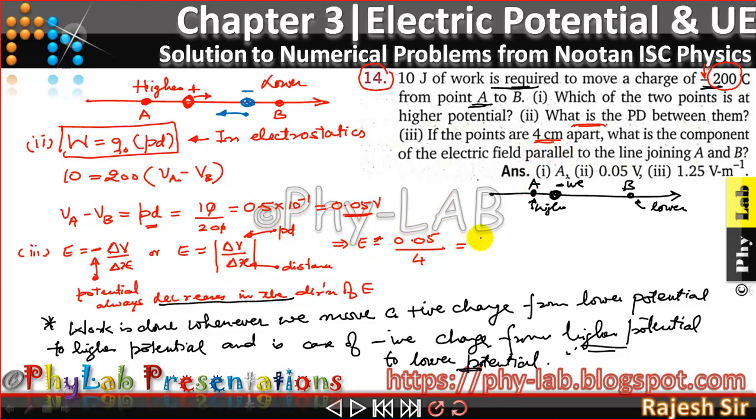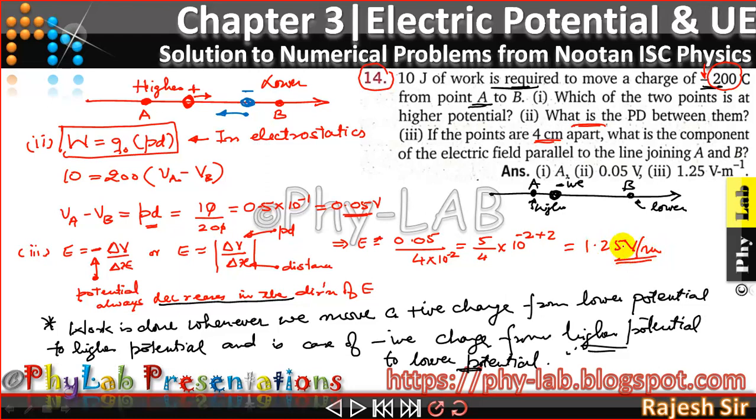So that becomes 5 by 4 into 10 to the power of minus 2, divided by 4 centimeter, which is 10 to the power of minus 2 meter. So minus 2 goes on the top, it becomes plus 2, and there is minus 2 already there, so that cancels out. So I am left with 1.25 volt per meter.